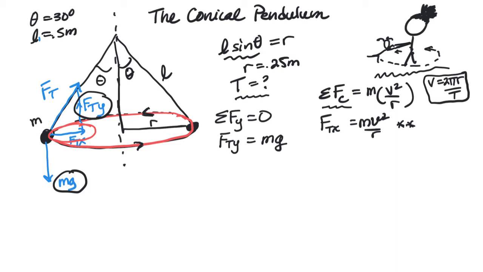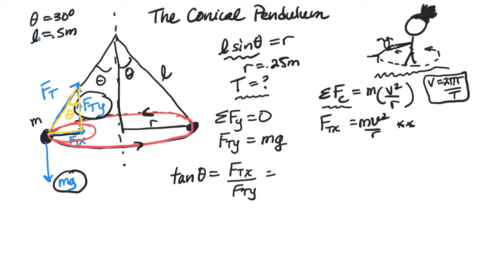And here's a really cool trick that you will see in a couple of different situations. Let's take a look at the tension. I don't like that color. I'm going to make it yellow. Let's take a look at the tension triangle over here. Note that this angle up here is still the angle theta. And in fact, we can relate Fty to Ftx using that angle, using the tangent function. So we can note that tangent of theta is going to be Ftx over Fty, opposite over adjacent.